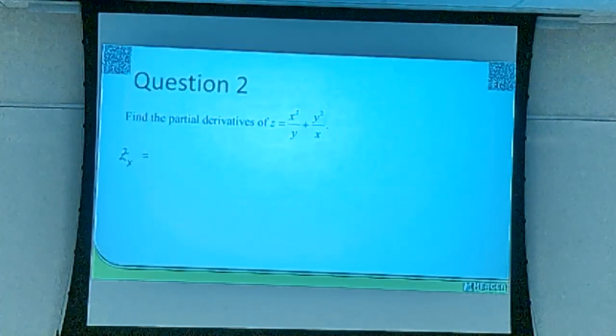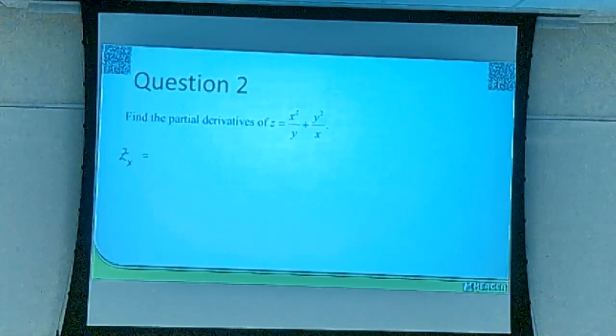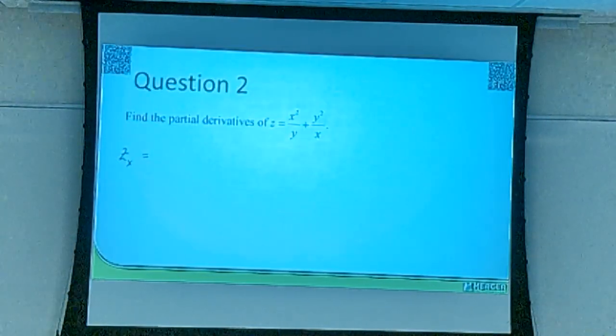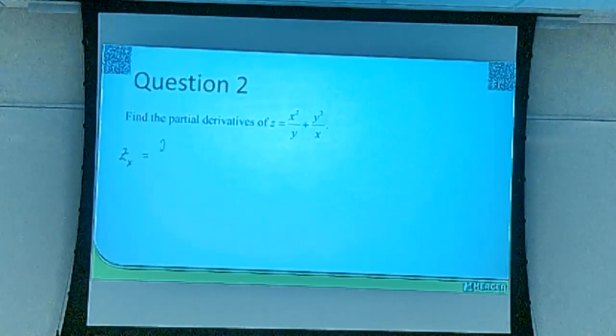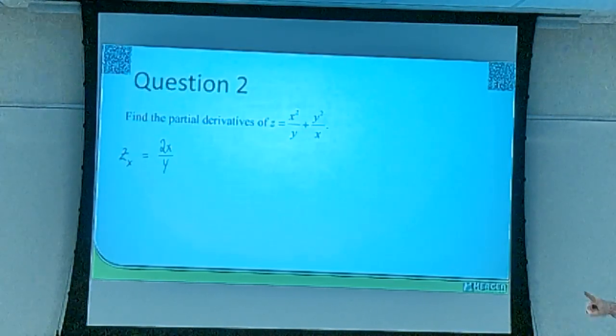Well, the 1 over y acts as a constant multiple, right? What's the derivative of x squared with respect to x? 2. Now multiply that by 1 over y. Y squared is your constant here, right?